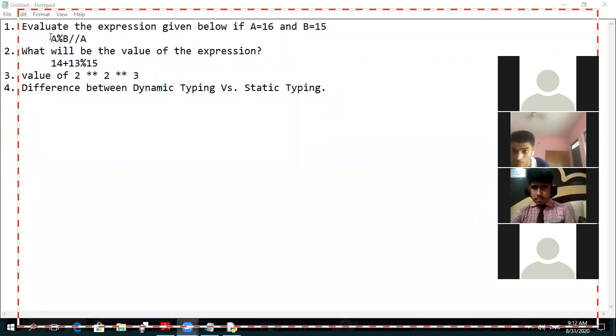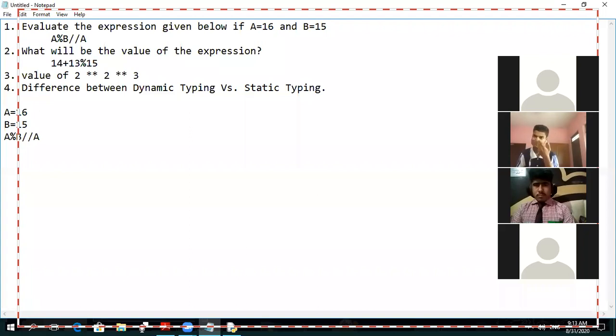First one. Look here. A equals to 16 is given, and the value of B equals to 15. This is given. Then question is saying that A modulus B floor division A.